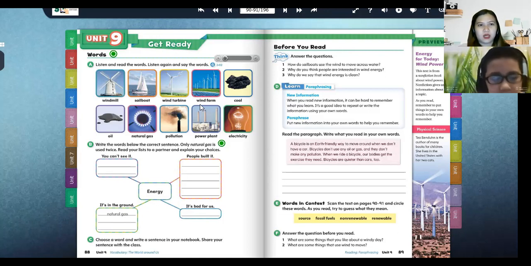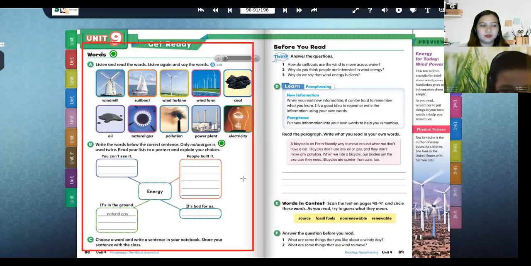That's why it's much safer to use renewable sources of energy. Do you have a question about this one? I don't have a question.